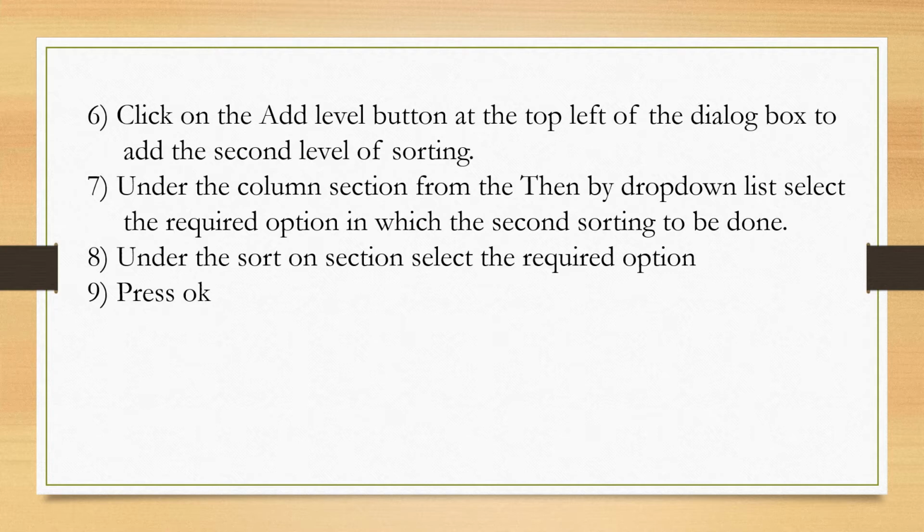This can be treated as the second column, that is, multiple columns. Next, under the column section, from the Then by drop down list, select the required option in which the second sorting is to be done. Next, under the Sort On section, select the required option, and press OK. According to the multiple selections we have made, based on multiple columns, the data will be sorted and displayed.